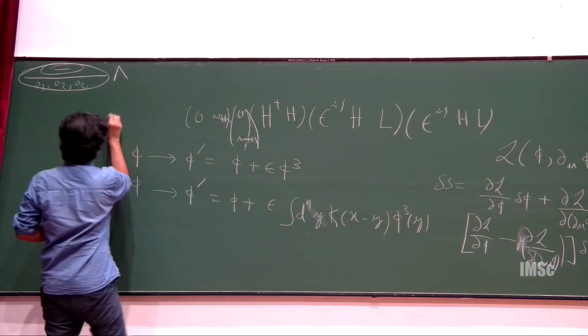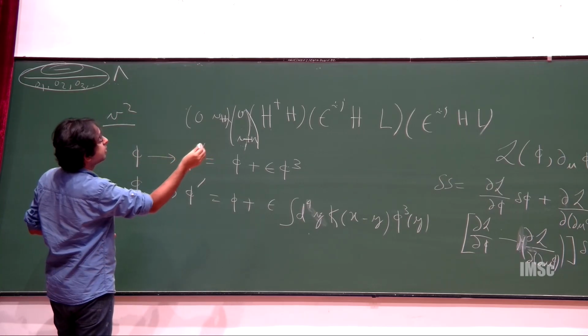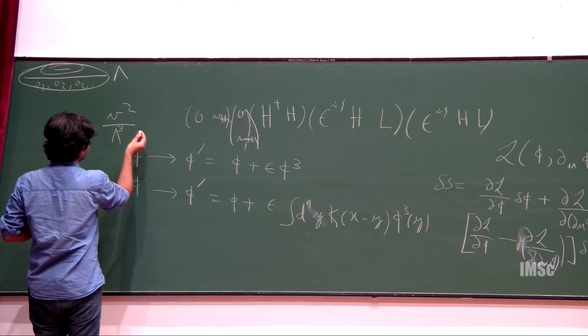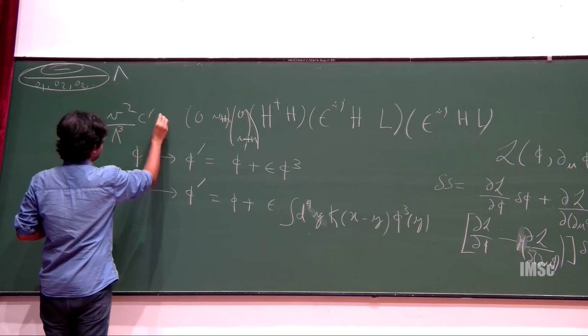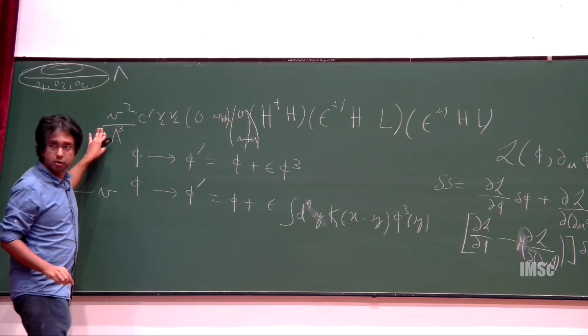So we'll get V squared by lambda cube, with some C prime, as the mass term of the neutrino. So this would be there.